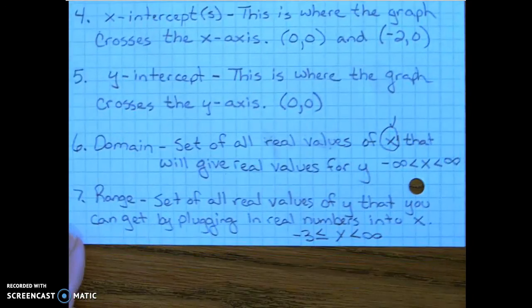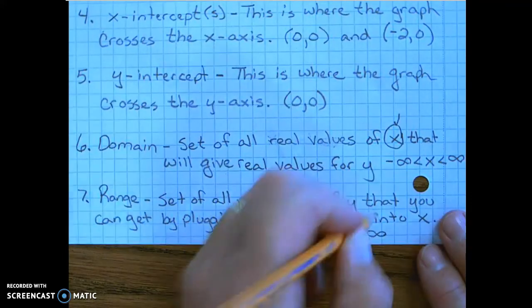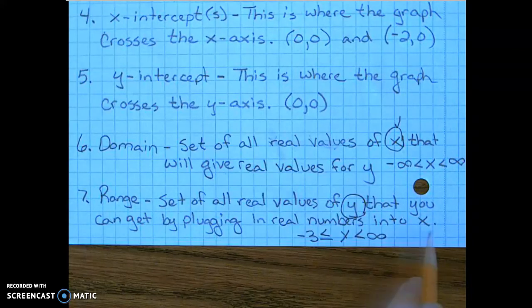And then finally, range. Range is the set of all real values of y, go ahead and circle that, that you can get by plugging real numbers into x. Remember, when you plug a number into a function, that is the input value, x. The output value is y. And that represents your range.